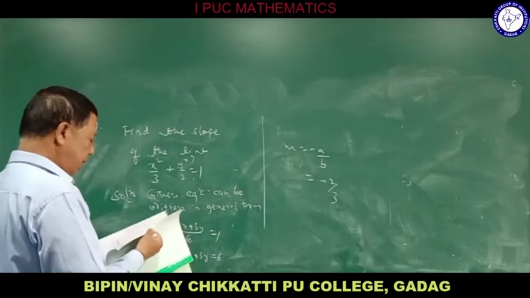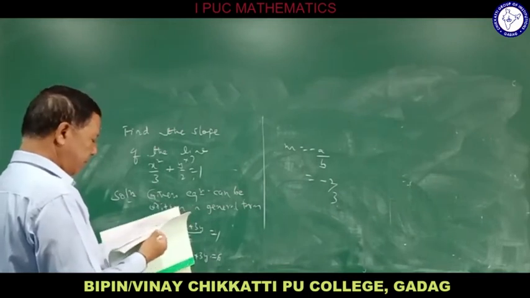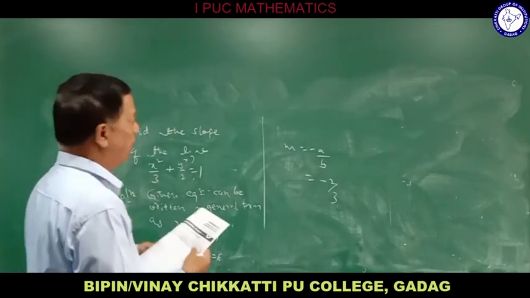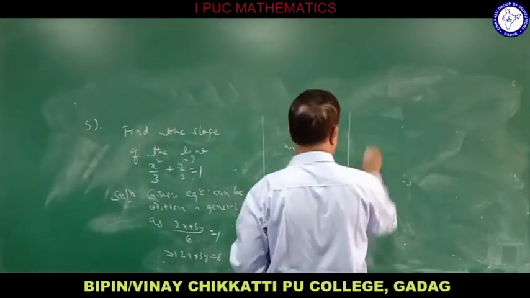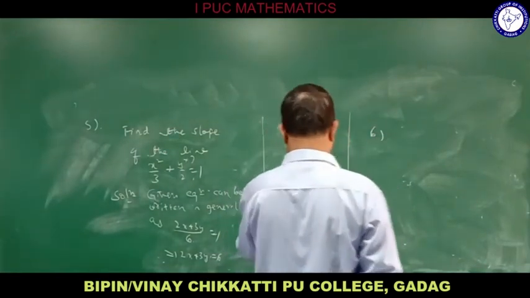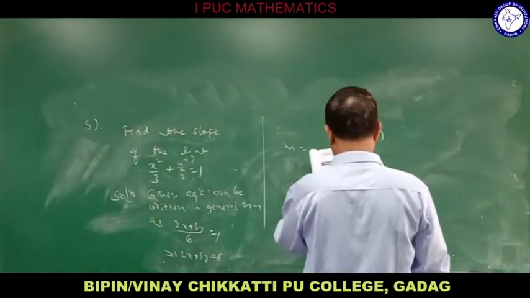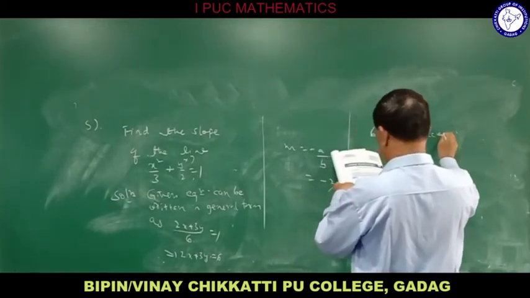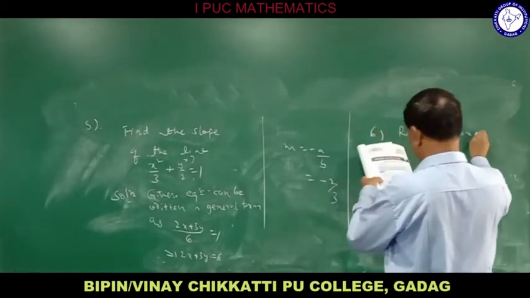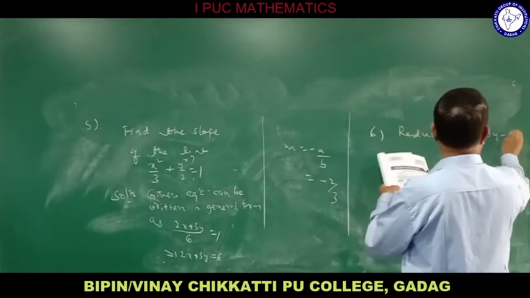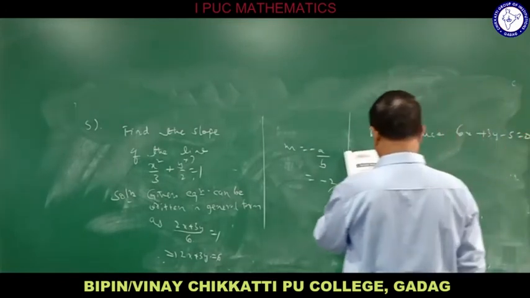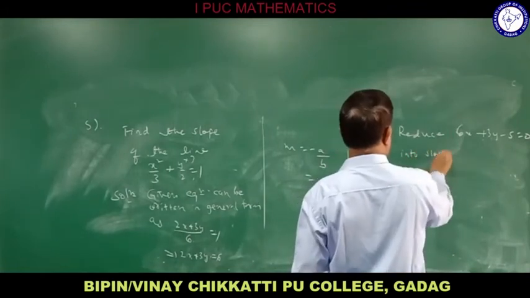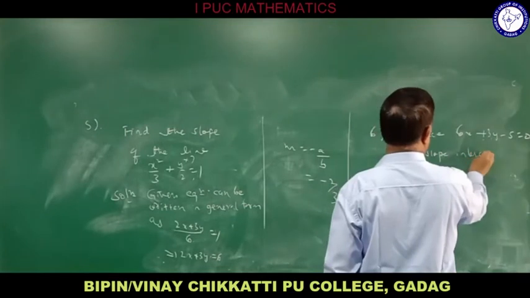Now similarly you can go for the next model question paper, 6 I am going to write. You see how you can answer. Reduce 6x plus 3y minus 5 is equal to 0 into slope intercept form.